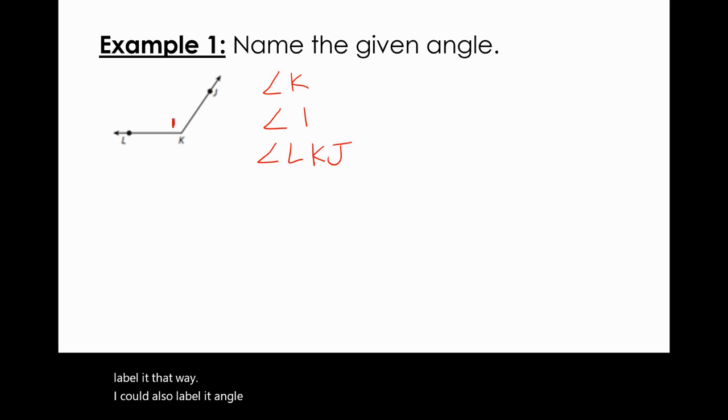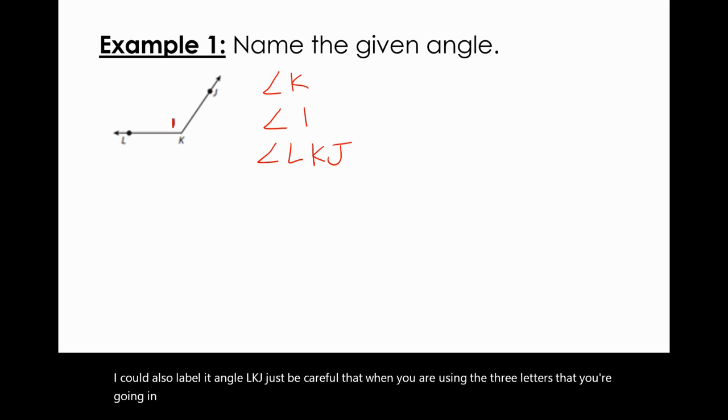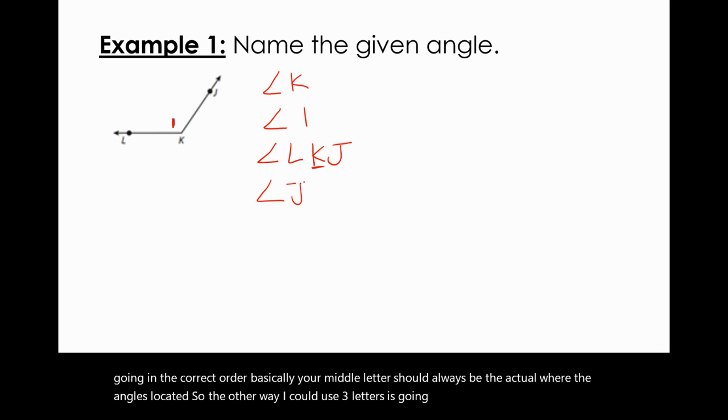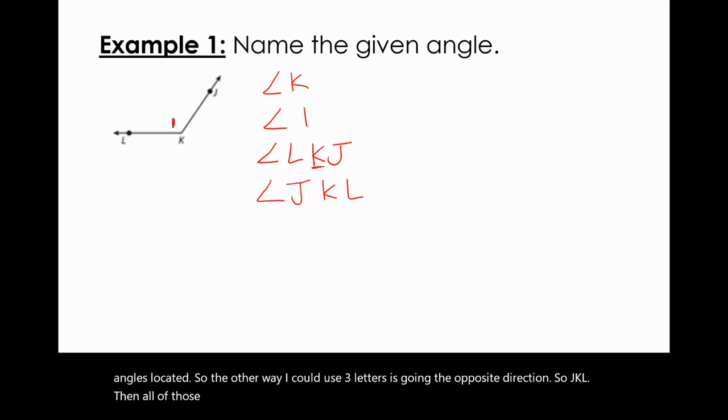Just be careful that when you are using 3 letters that you're going in the correct order. Basically, your middle letter should always be where the angle is located. The other way I could use 3 letters is going the opposite direction, J, K, L. And all of those are correct ways to represent the given angle.